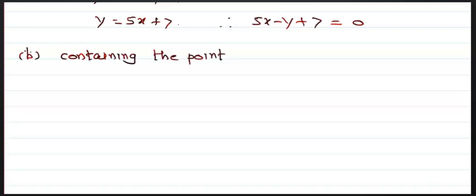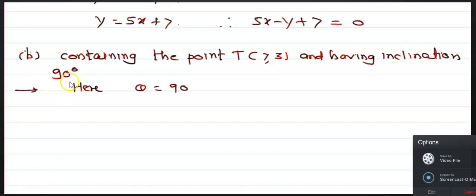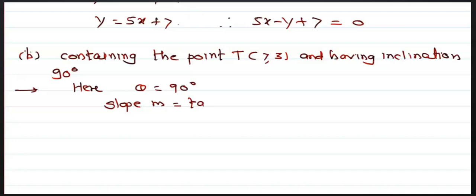We want to find the equation of the line containing the point (7, 3) and having inclination 90 degrees. Inclination 90 degrees means the given line is parallel to the y-axis. The slope of the line is tan theta, and it is not defined.